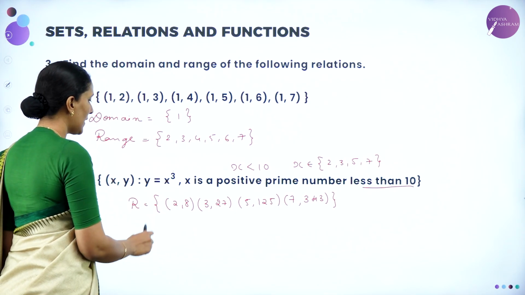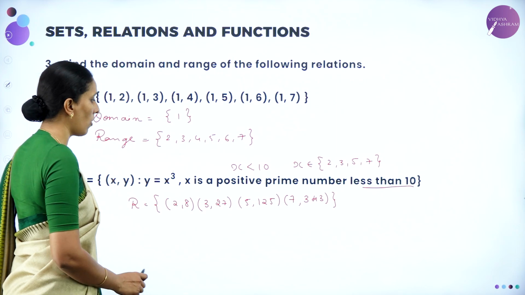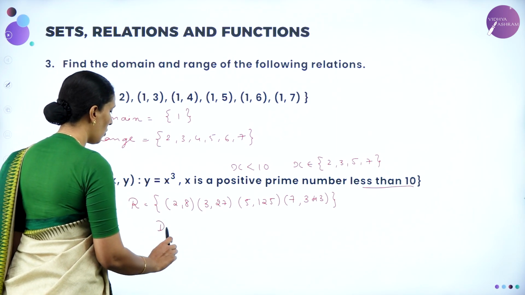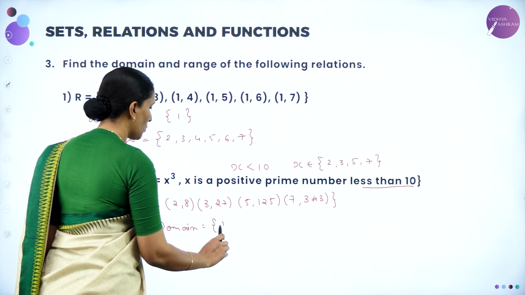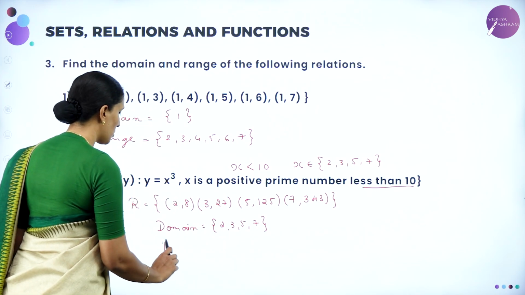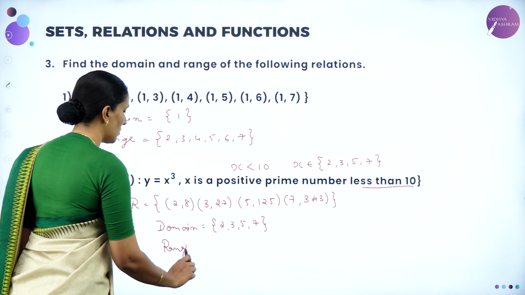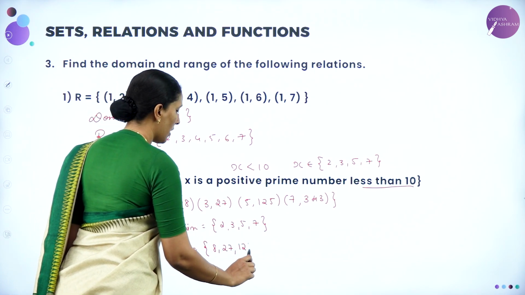So now the relation set is {(2, 8), (3, 27), (5, 125), (7, 343)}. Now let's write the domain of this set. So domain of the relation here is {2, 3, 5, 7} and range is equal to {8, 27, 125, 343}.